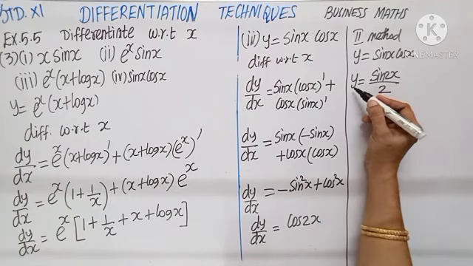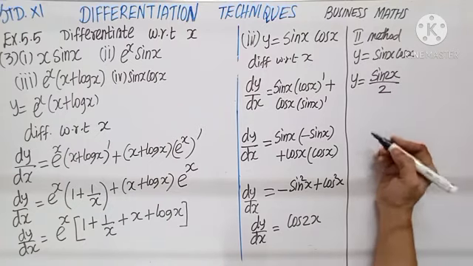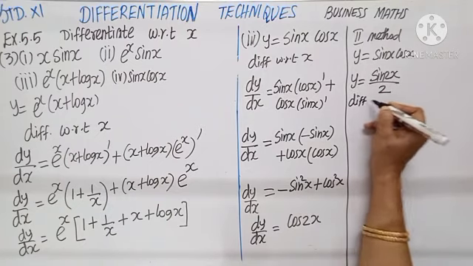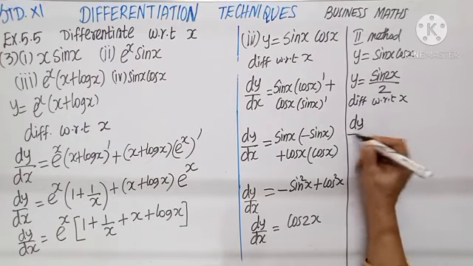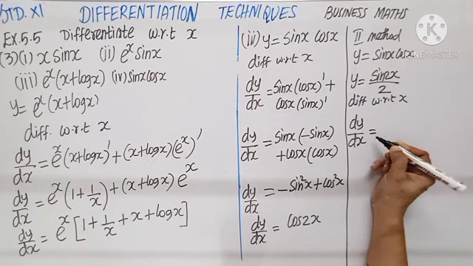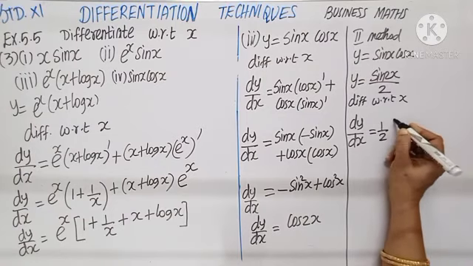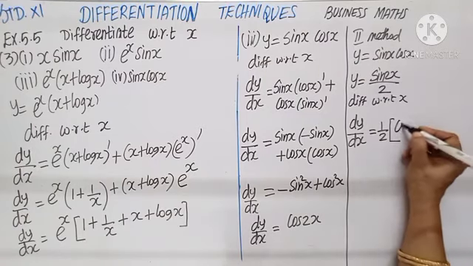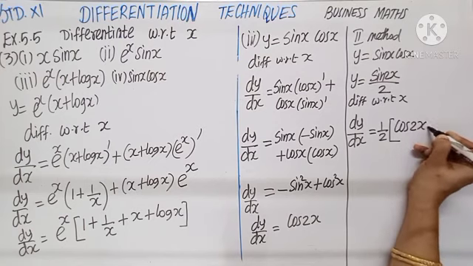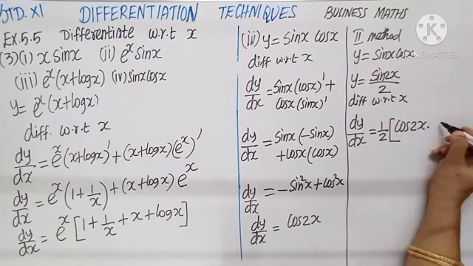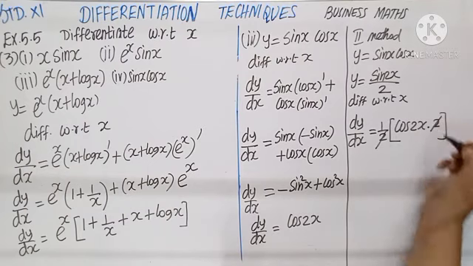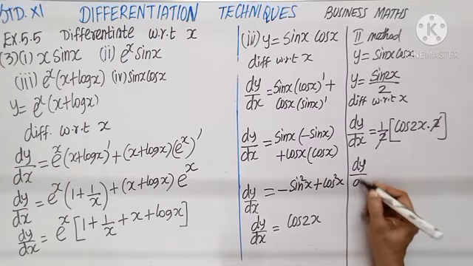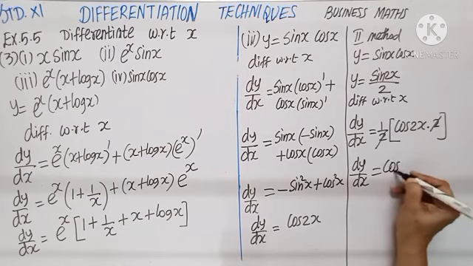So y is sin 2x by 2. Differentiating with respect to x, y will become dy by dx. 1 by 2 as it is. Sin will become cos 2x. Whenever 2x is coming, into 2, 2 and 2 cancel, giving us the answer cos 2x.